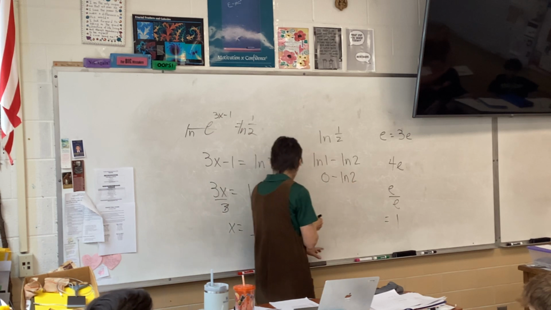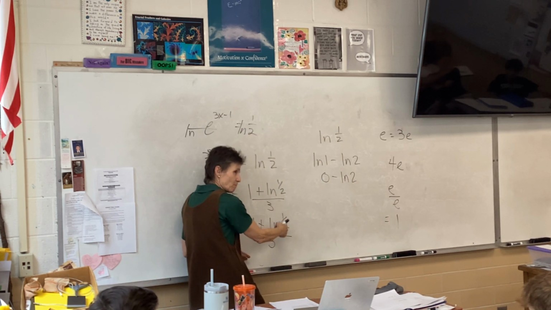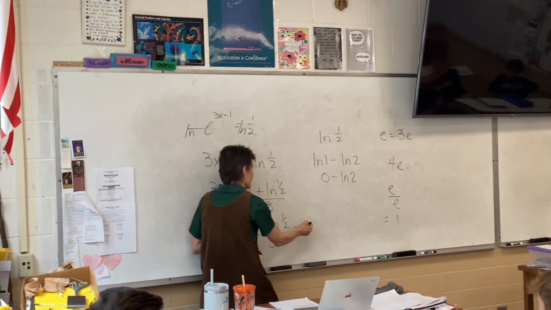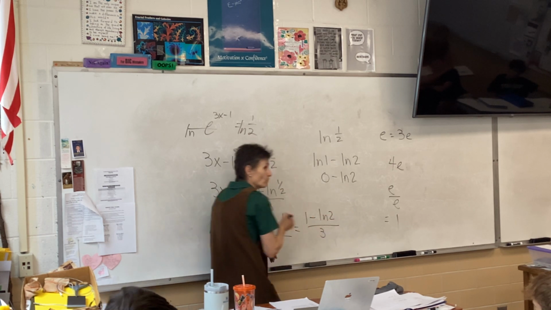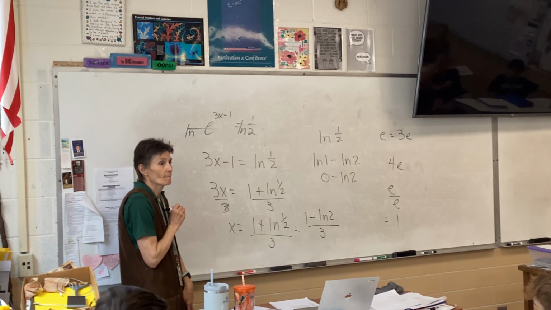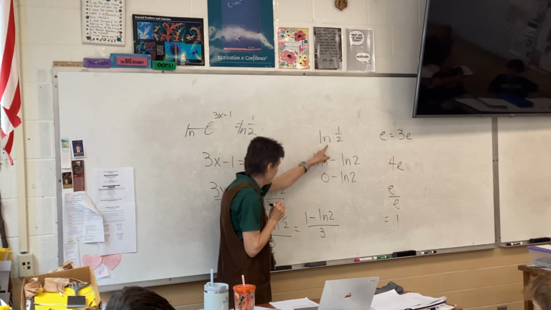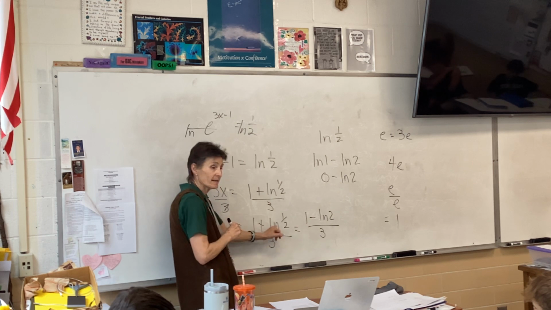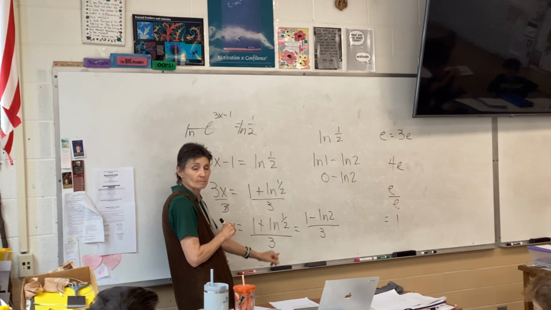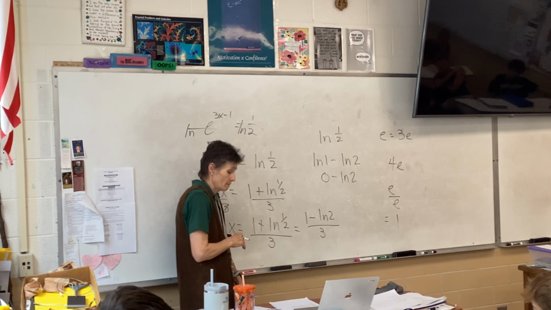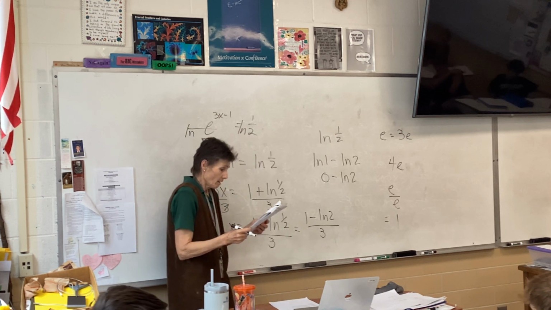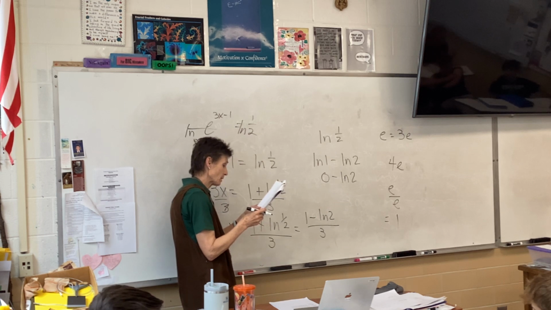So if I don't like that fraction being in there, that could be written as 1 minus ln 2 over 3, because ln 1/2 is just negative ln 2. Again, I don't know if we have to go that far or not, but you could.